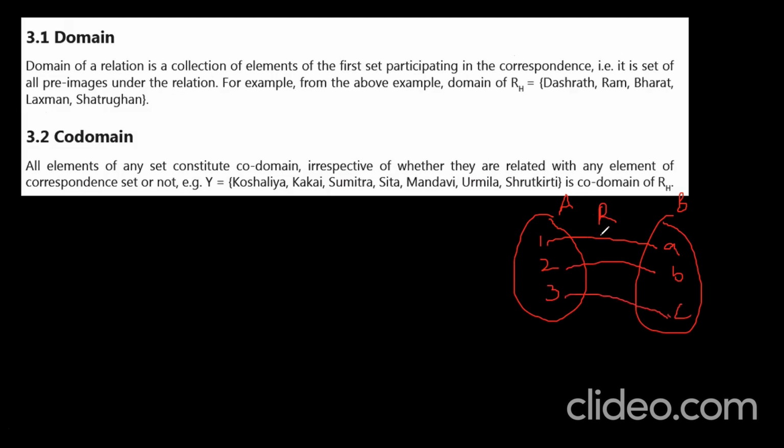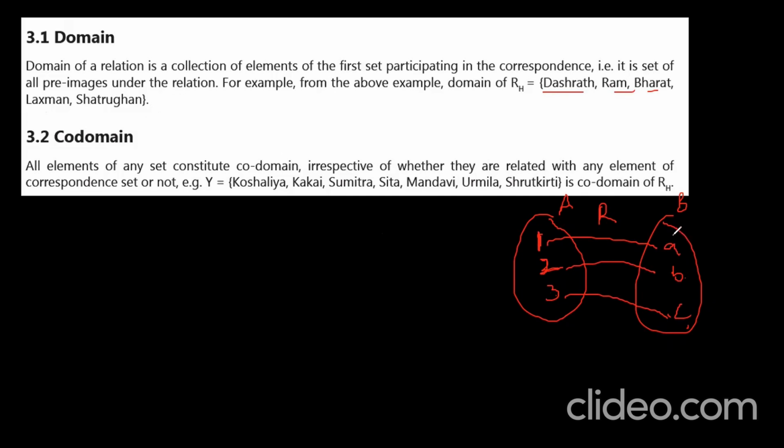One is making correspondence with A, so one is in the domain. 2 and 3 are also, so the domain is 1, 2, 3. In the earlier case, Dasharath, Ram, Bharat, Lakshman, Shatrughna are present in the first set. And here A, B, C can be called the codomain.